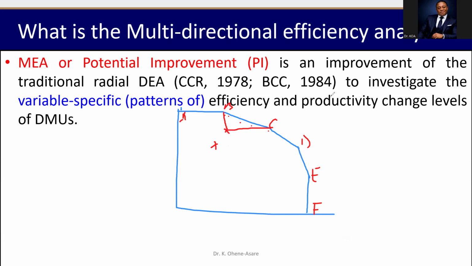Doc, C. Why? Because C is farther away from the free disposable line, so it will make it more efficient to be at C. That is why C is the most strongly efficient part of the frontier.